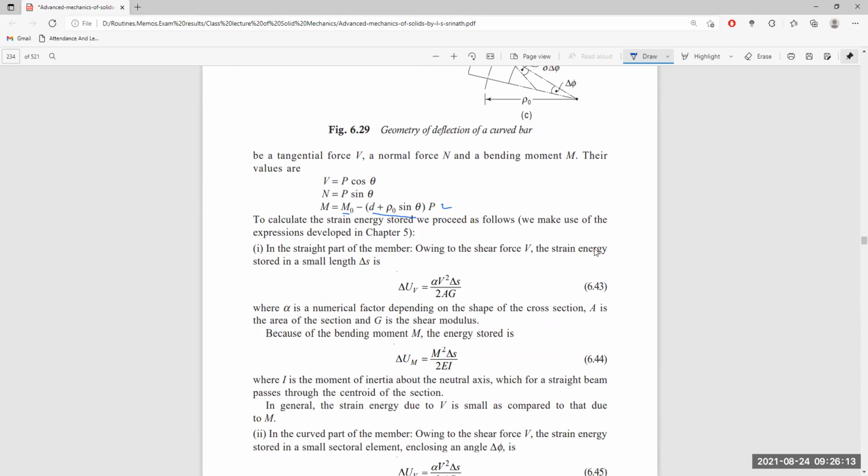Alpha is the numerical factor we have taken into consideration for the cross section, and A and G are the respective terms which you all know.